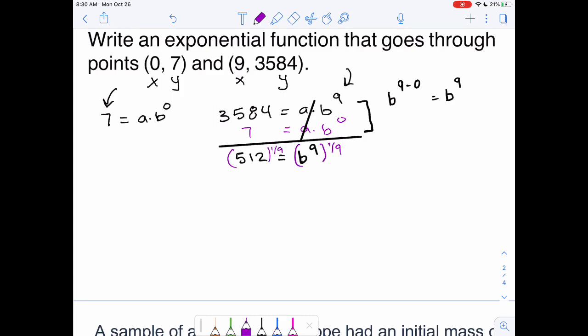I'm taking the 9th root. So I see that my multiplier is 2. Once again, this problem gave us our initial value. So we can write our equation as y equals our initial value times our multiplier an unknown number of times.